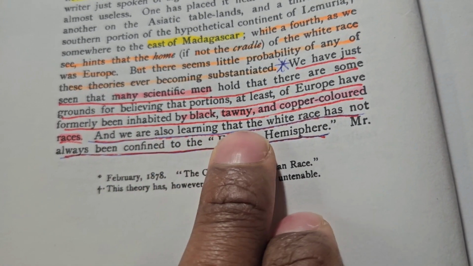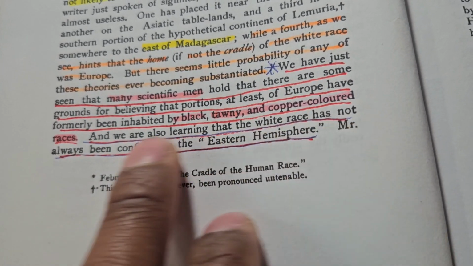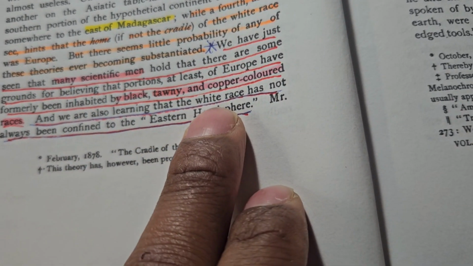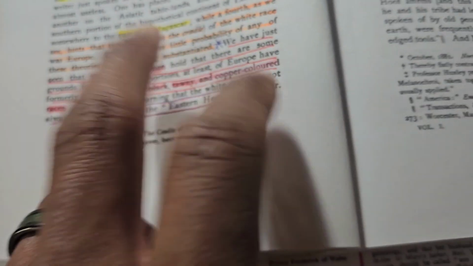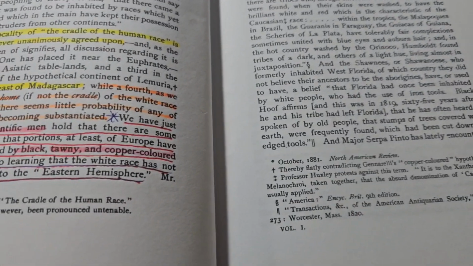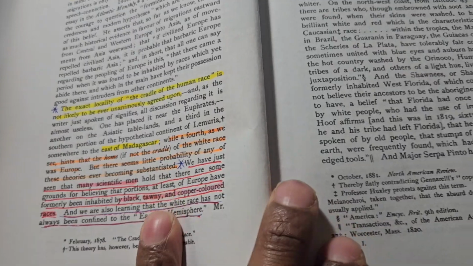And we are also learning that the white race has not always been confined to the Eastern Hemisphere. Okay? So we were in these lands before them. Of course, when you think of European, you think of so-called white or Caucasian, because of our modern society. But in that time period, yes, we were in all those lands because we were the dominant society.